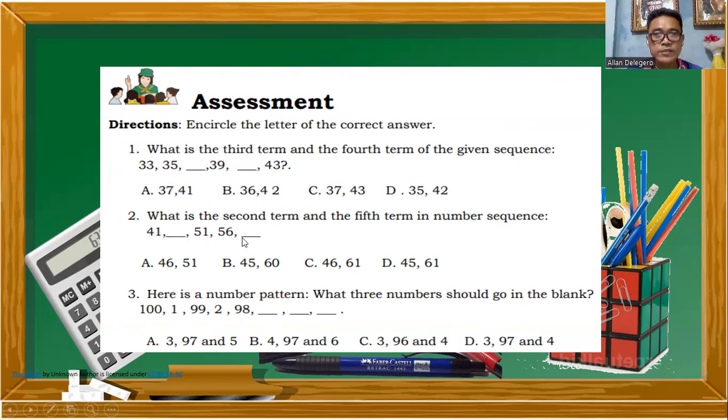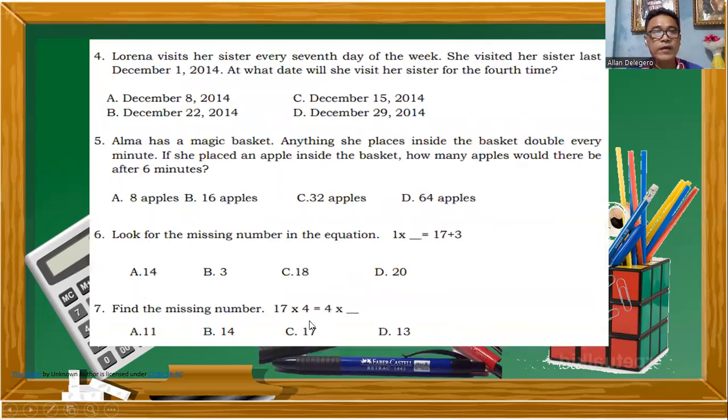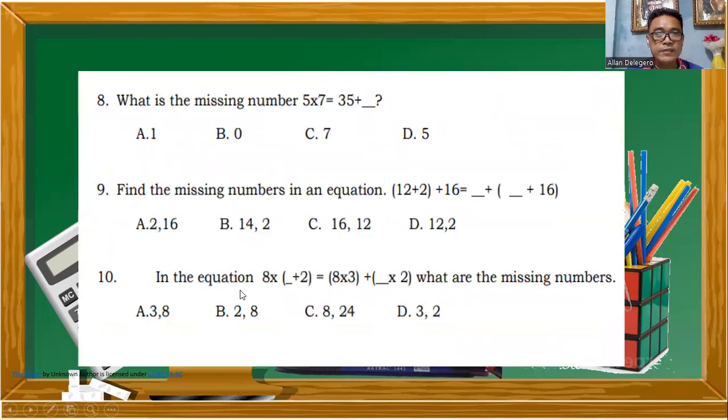Number 2, what is the second term and the fifth term in the number sequence? 41, blank, 51, blank, 56. Number 3, here is a number pattern. What 3 numbers should go in the blank? 100, 1, 99, 2, 98, blank, blank, blank. Then number 4, 5, 6, 7, 8, 9, 10.